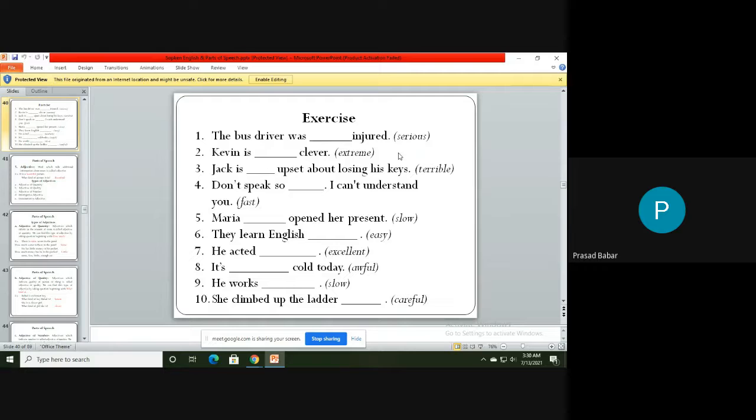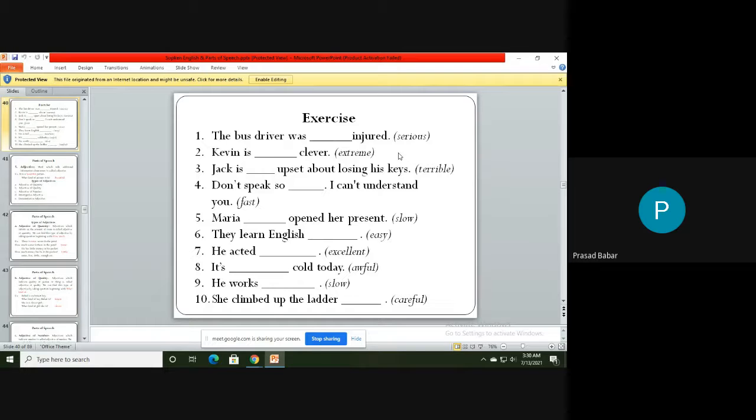In the bracket there is a word serious, they have given us a hint, and that is serious. Then what will be the word there? We can use them. The bus driver was seriously injured.